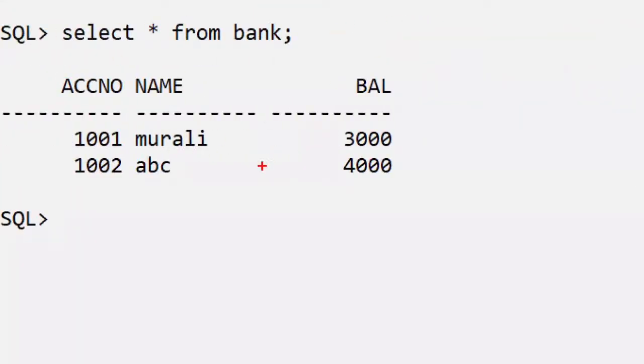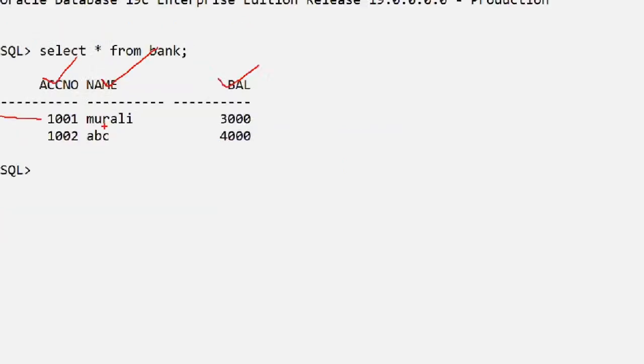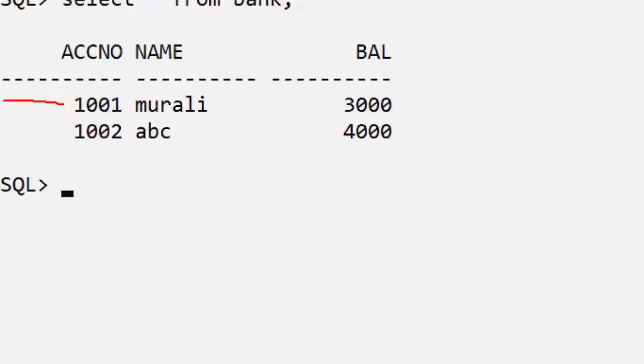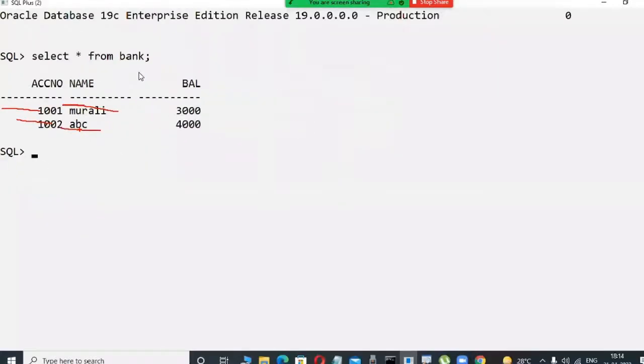In a table format only, we store the data. Suppose this is an SBI bank, and this is its data. These are the columns: account number, name, and balance. These are called columns, and these rows, like 1001, are called rows or data.